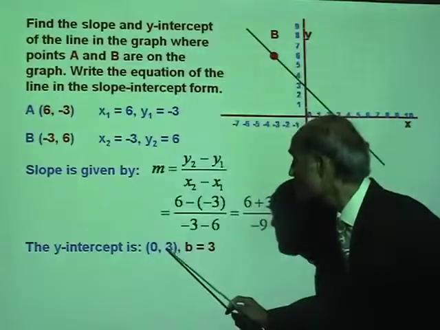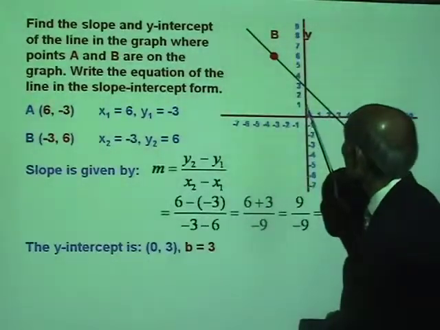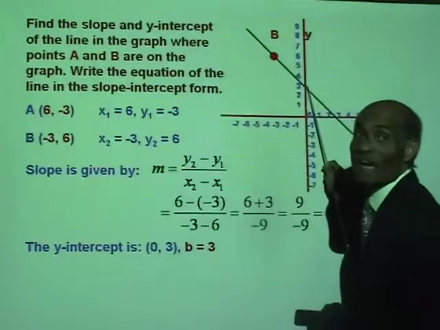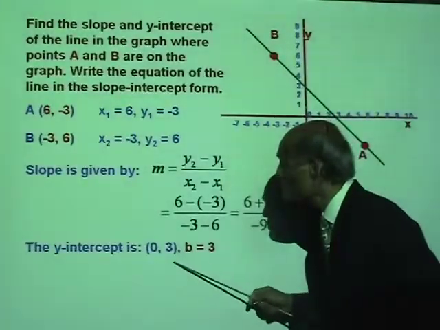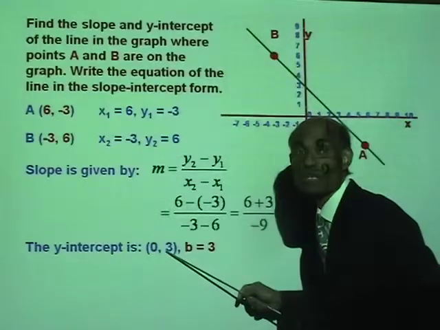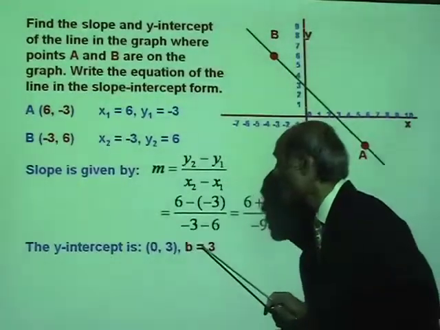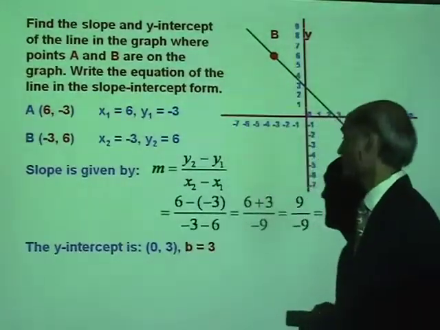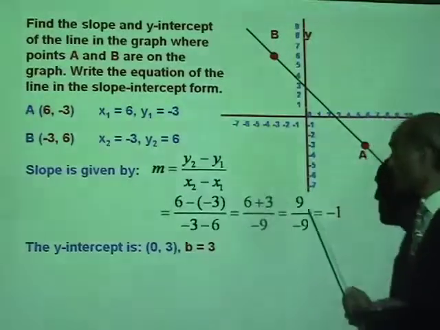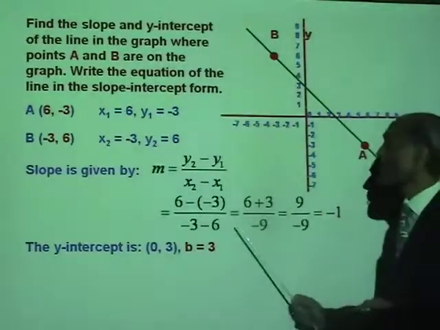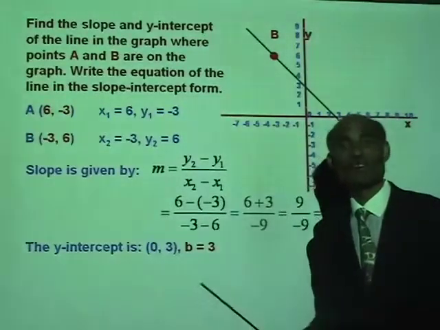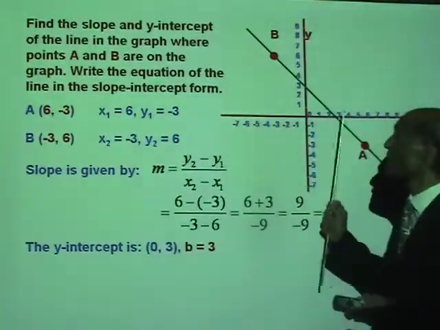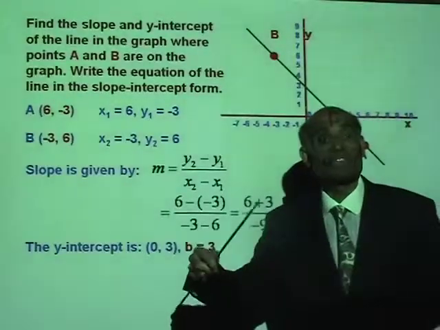That b equal to 3. b is the value of y where the graph cuts the y-axis. So, we have the slope equal to negative 1 and the value of b is 3. Can you write the equation of this line in the slope-intercept form?